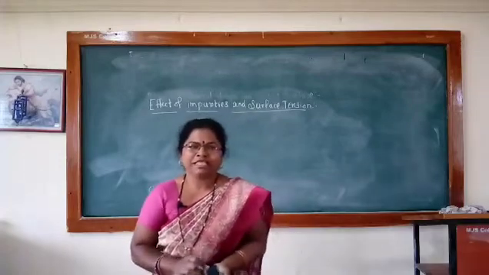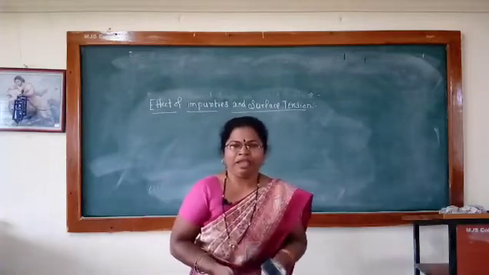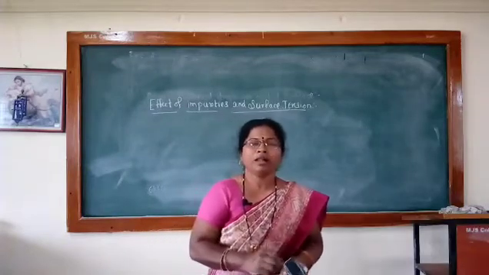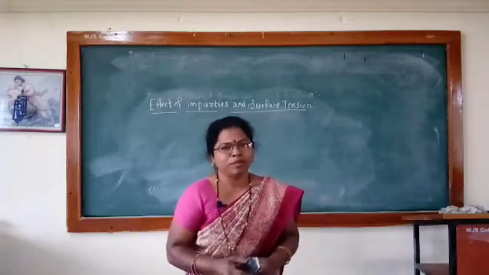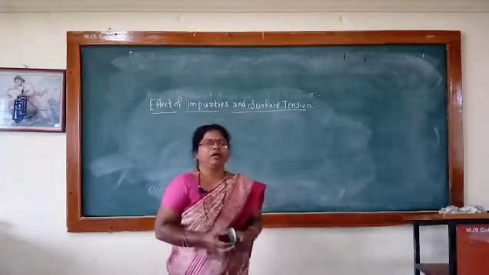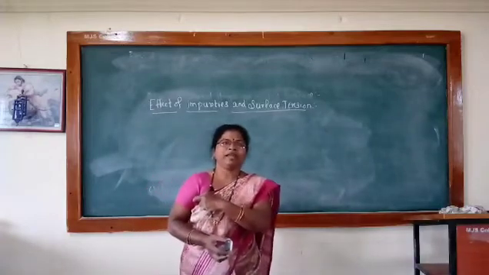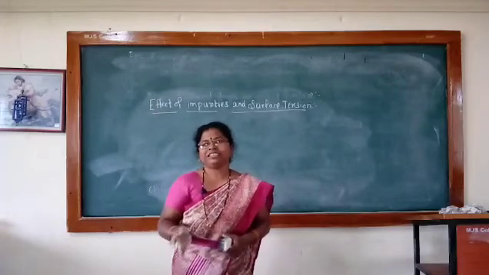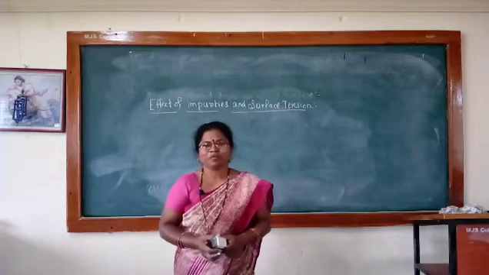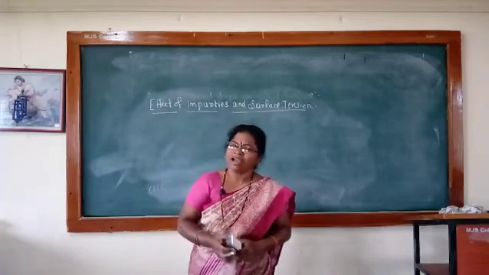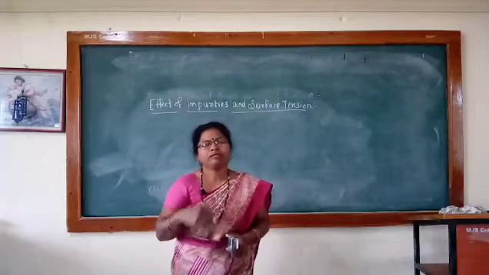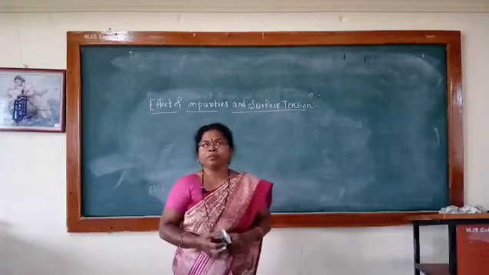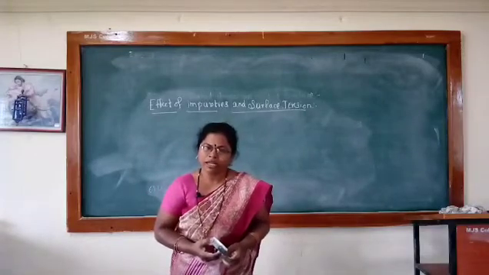First example: soluble impurities such as common salt, sodium chloride. If it is dissolved in water, then what happens? Surface tension increases. We cannot drink such a solution. Why is it so? Because its surface tension is very high. So due to these impurities, the surface tension of water increases.